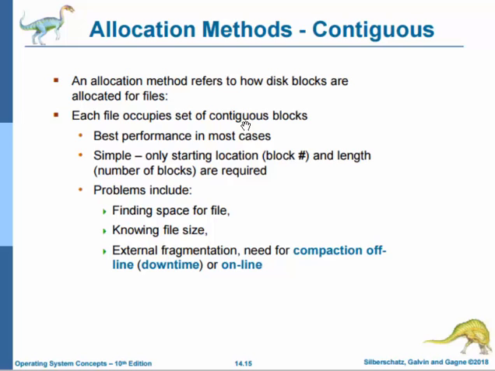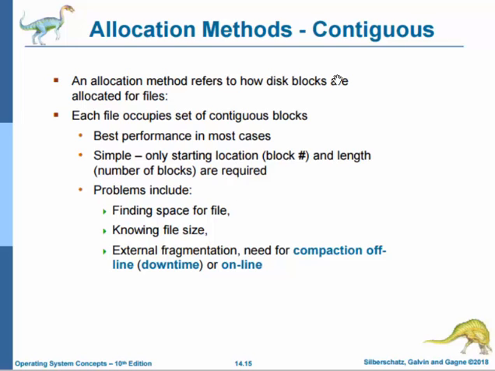And there are three major methods that are widely used in allocating files. We have the contiguous, the linked, and indexed, and each method has advantages and disadvantages. Although some systems support all three methods, it's more common for a system to use one method for all files within a file system type.